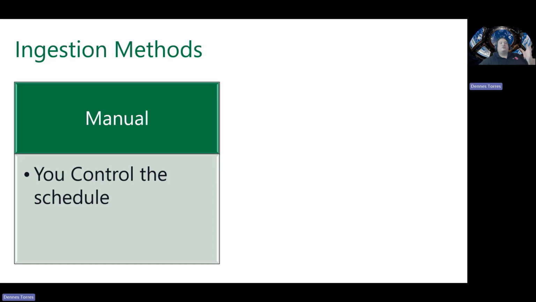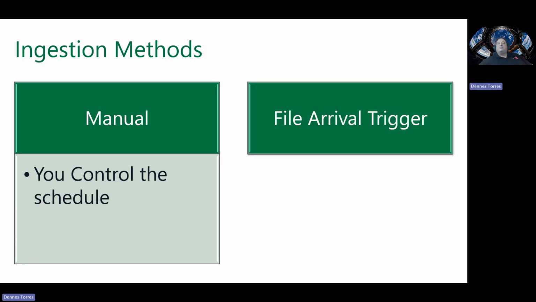When will this data pass to the other layers? When the execution to transform the data to the other layers will be made, you have full control of the schedule. But there are some features that can help in this process. These features we will see today in this session.